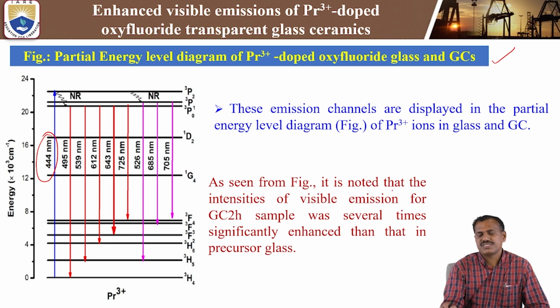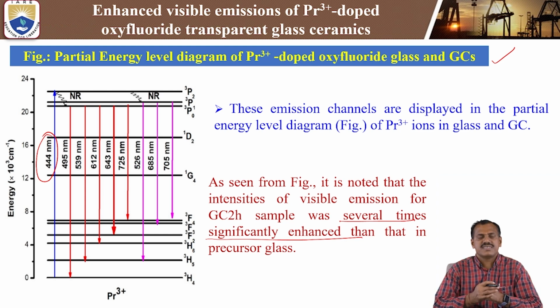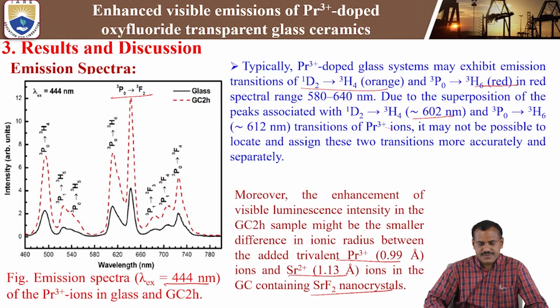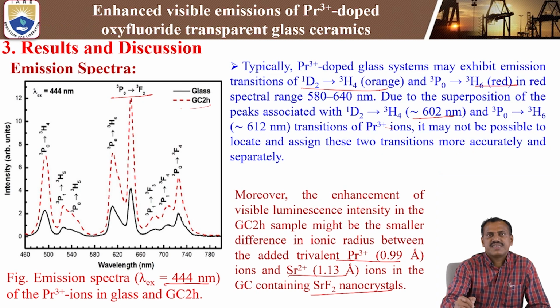As seen from the figure, it is noticed that the intensities of the visible emissions of the glass ceramic sample are several times significantly enhanced with respect to the precursor glass. That means, whenever you compare glass and glass ceramic, see the emission peaks here. The black one is the glass, and the dotted line is the glass ceramic. The intensity will be less for the glass, compared to the glass ceramic sample, because each and every intensity will be increasing.